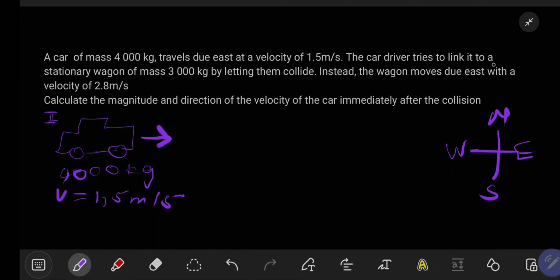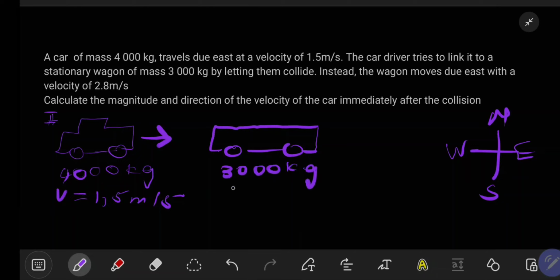The driver tries to link this car to a stationary wagon. So somewhere around here there is a stationary wagon, and this wagon has a mass of 3,000 kilograms. It was stationary, which means its velocity is 0 meters per second.